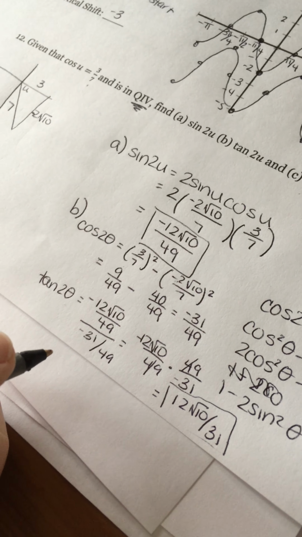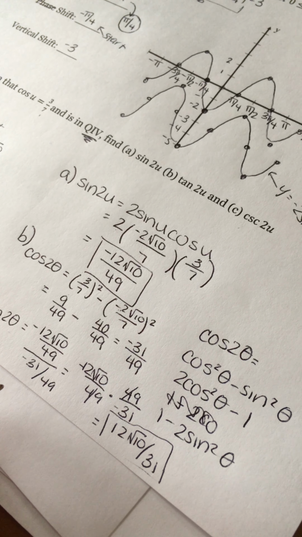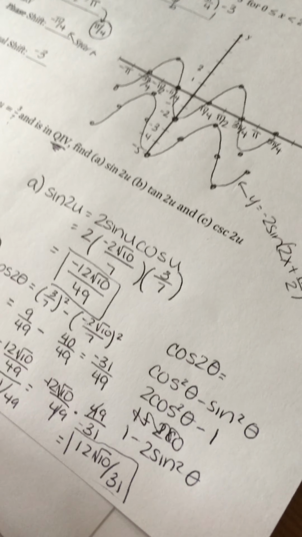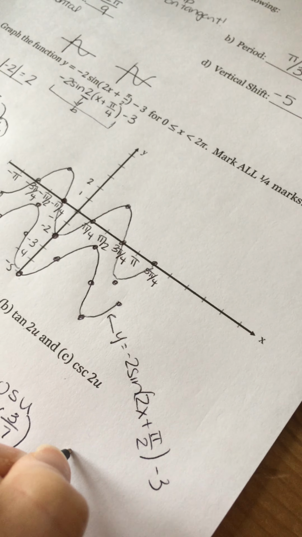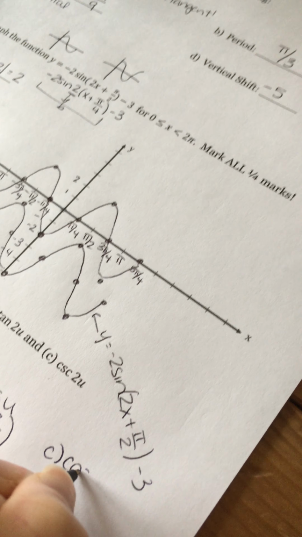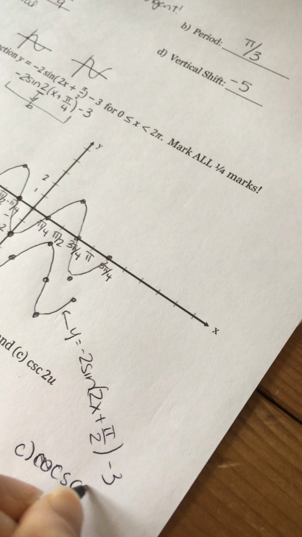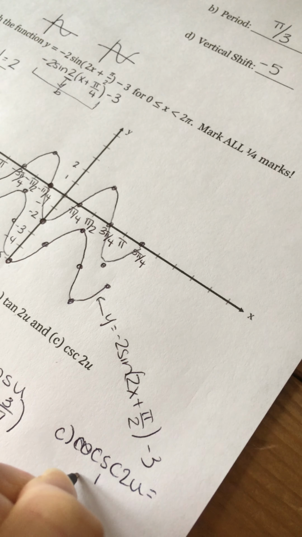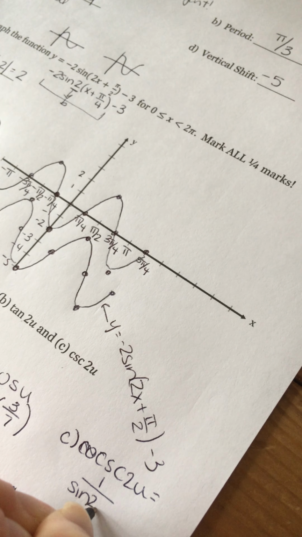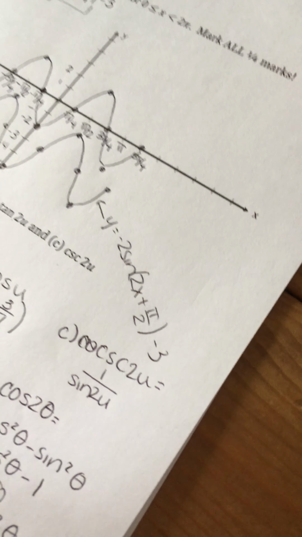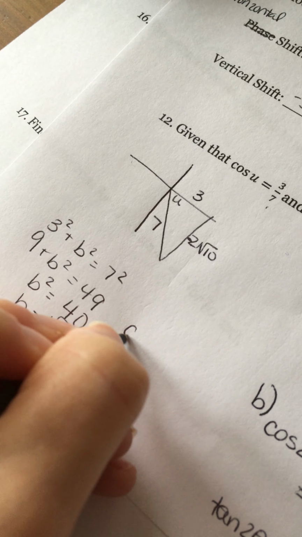All right. And then cosecant of 2 theta, or 2u, or whatever it may be, cosecant of 2u is just the same thing as saying 1 over sine of 2u. All right? And I'm running out of room here, so I'm going to finish this up on the side.